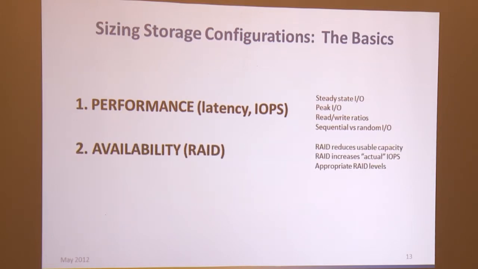Okay, the second thing you need to take into account has to do with the data protection overhead, specifically RAID. There are different calculations for different RAID levels, but basically what you're doing is adding the need for additional IOPS as you're implementing RAID levels. So even though this doesn't do anything for speeding up your application, it's something that you need to account for as you're building your storage array, because the storage array has to be able to meet the requirements for laying down the extra writes for a RAID 5 or a RAID 6 stripe or a mirrored stripe, things of that nature.